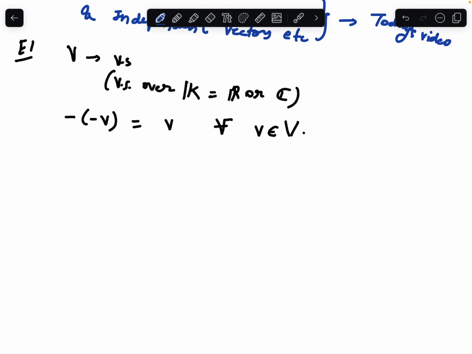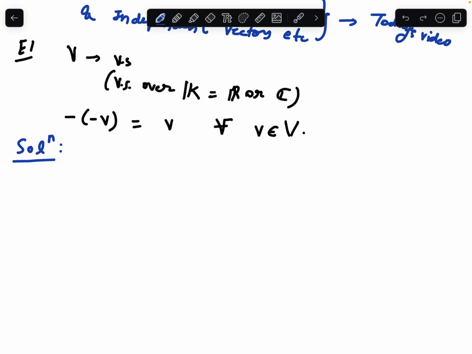Let's see. So let's prove this. What we have to prove is this statement, and let's write this statement in words.